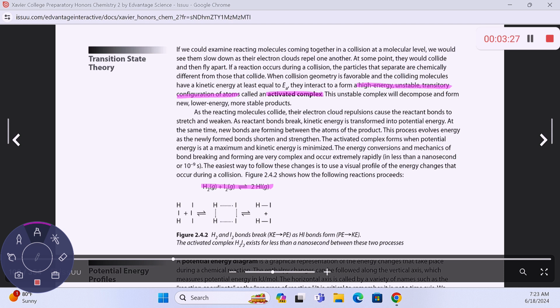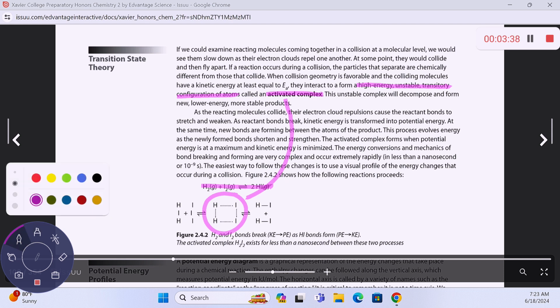Right here, we've got the activated complex, okay? So here we are breaking the bonds in the reactants, which would be my H-H bonds. So these bonds are breaking, and then my I-I bonds are breaking, and then I'm forming bonds simultaneously between the products, HI.